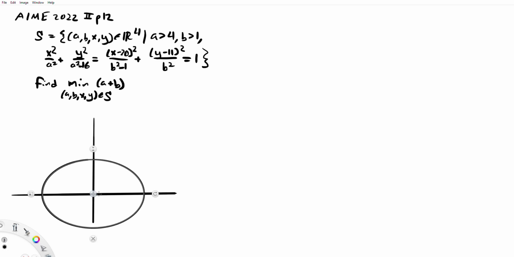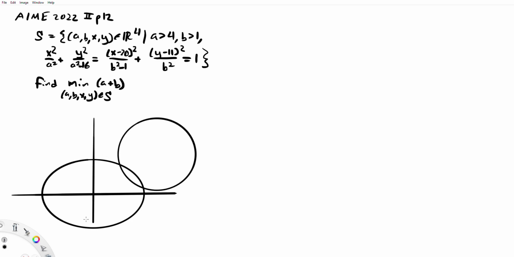And the other ellipse will be centered at (20, 11), which is about here, I guess. And this one's going to be slightly taller. That seems good.